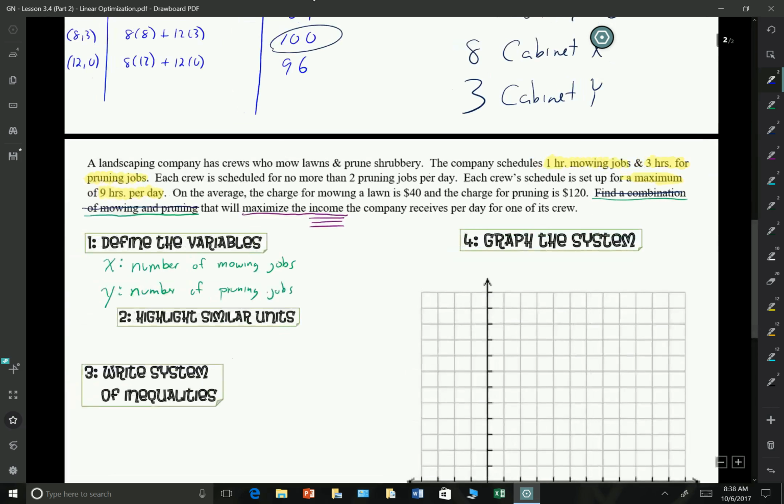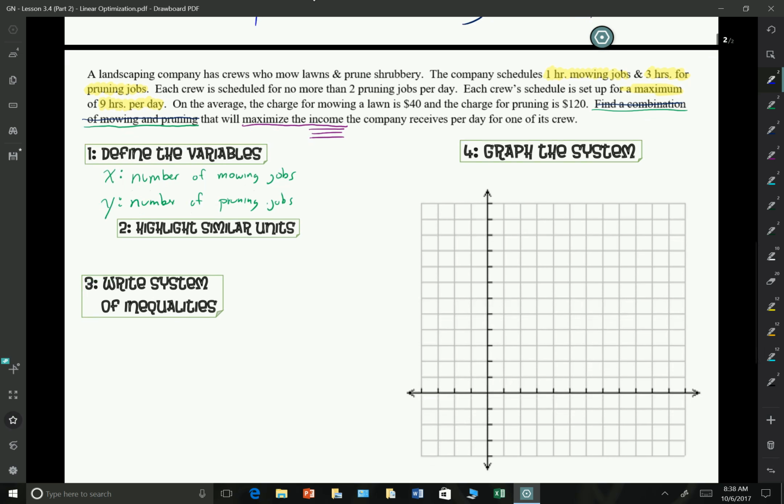So hours, total of hours. Looks like I have everything I need for my inequality. So what would that inequality be? 1x plus 3y is less than or equal to 9. 1 hour for every mowing job, 3 hours for every pruning job. Can't have more than 9 hours.